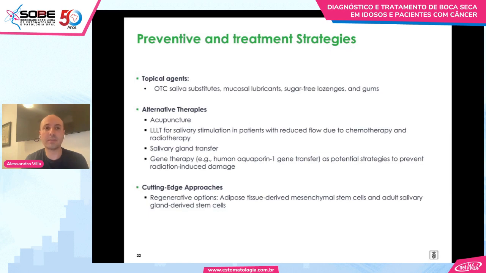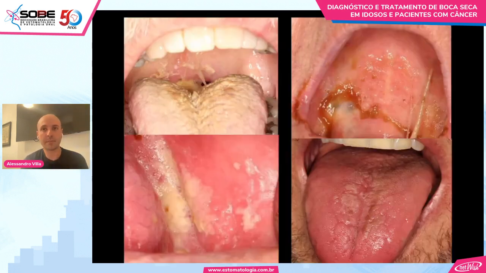Acupuncture, we talked about this, still controversial. And there are also some new cutting-edge approaches with gene therapy as a potential strategy to prevent radiation-induced damage, and the use of adipose tissue-derived mesenchymal stem cells and adult salivary gland-derived stem cells. This is an area of research that could be a promising approach in the future for some of these patients.